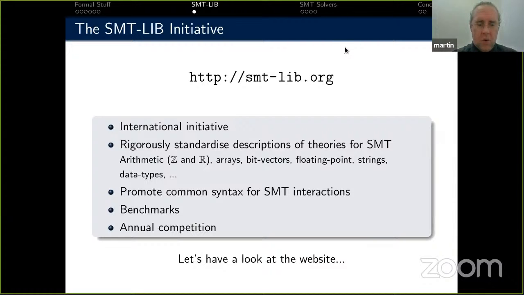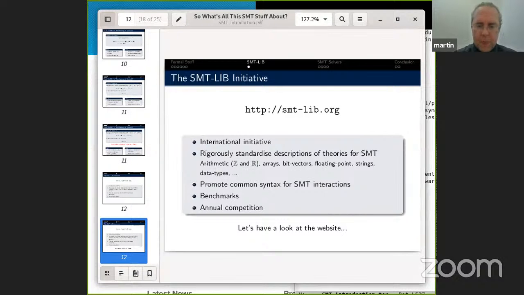So what I'm going to try and do, let's see if this works, is stop sharing that screen. Maybe that's worked.